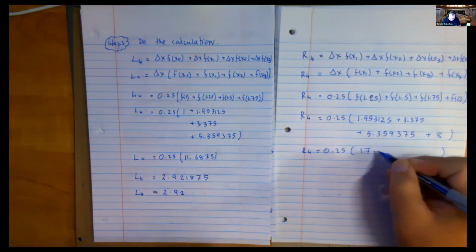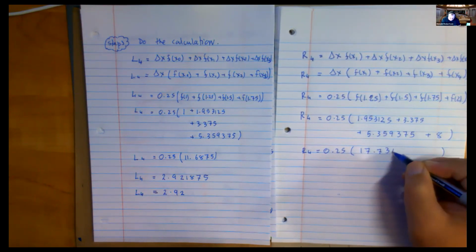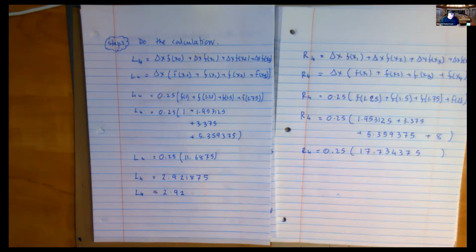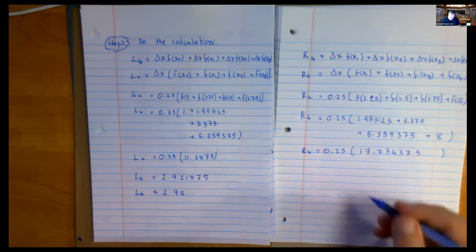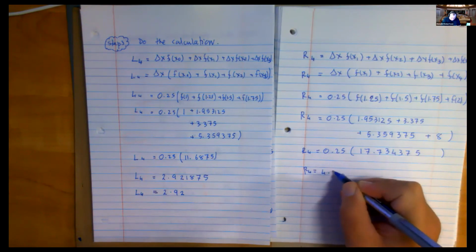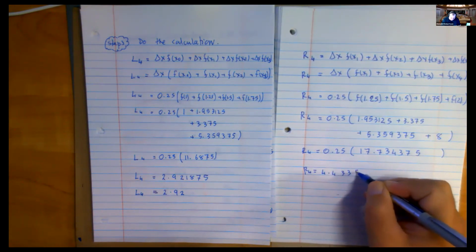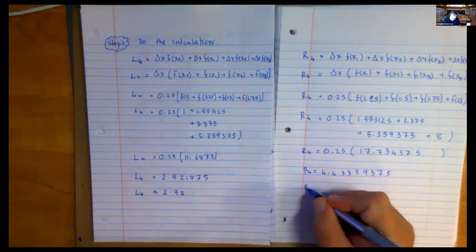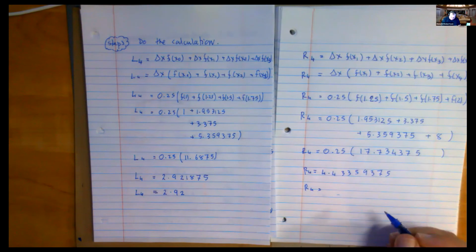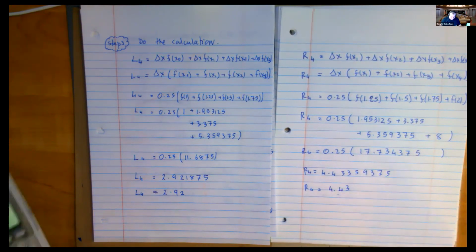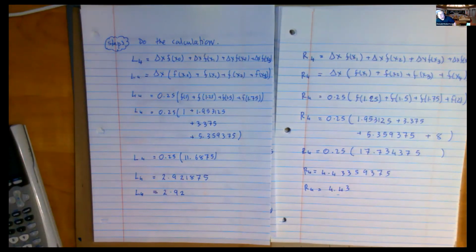I get 17.734375, which I can then multiply by 0.25, which gives me 4.43359375, which is definitely overkill. And this fella here is going to be 4.43. Now that is the worst version of this calculation.